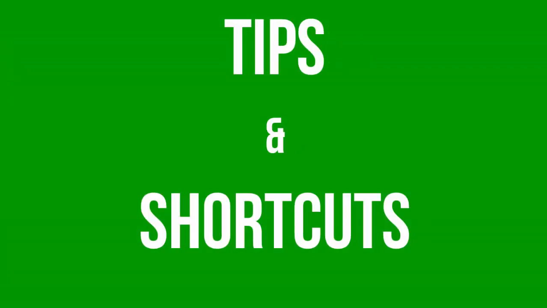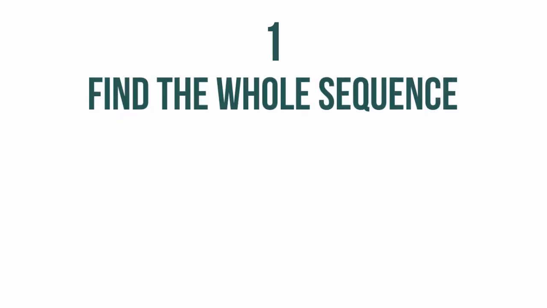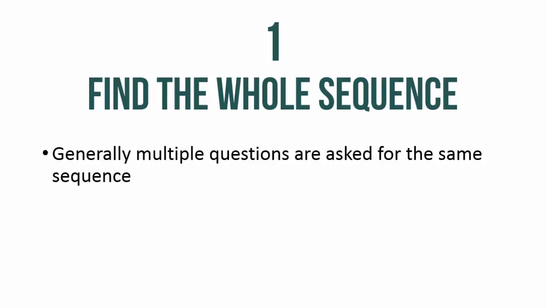Still, let's look at some tips and shortcuts for solving ordering and sequencing questions. This kind of question is fairly easy. There are not many shortcuts that we can give you, but one tip is that you must find the whole sequence. Now there's a reason for this. This is because multiple questions are asked for the same sequence.